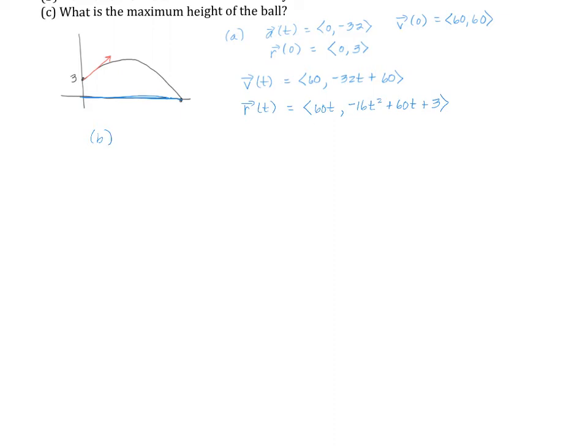And it's going to hit the ground when its height is 0. Let's go back to our position function. The first component, 60t, that would be our x value. So it's a function of x. The second component, negative 16t squared plus 60t plus 3, that's going to be our y value.